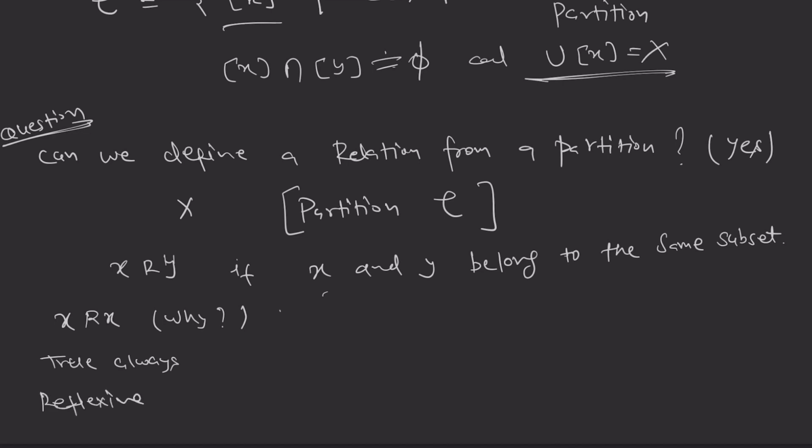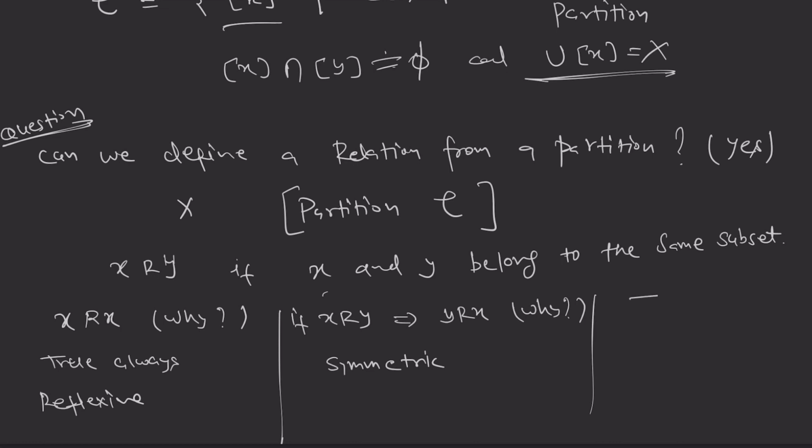Now x related to y implies y related to x. Why? If x and y belong to the same set, then y and x also belong to the same set. So this is symmetric also.